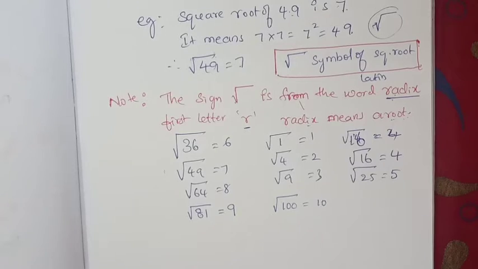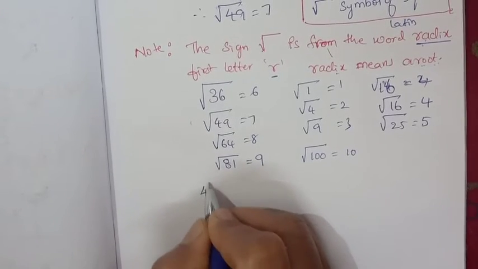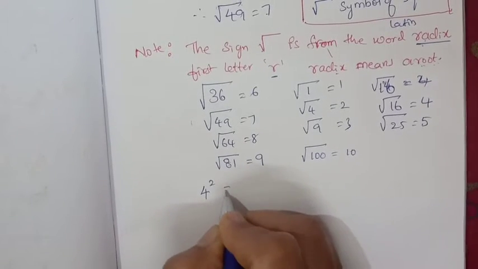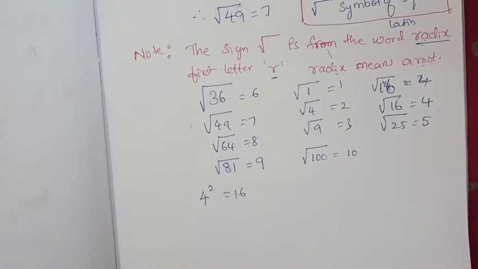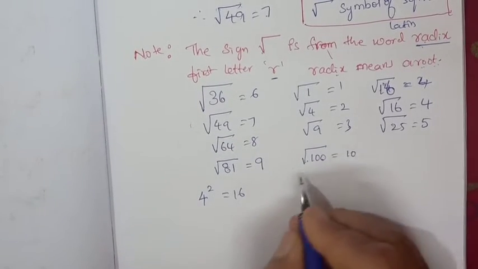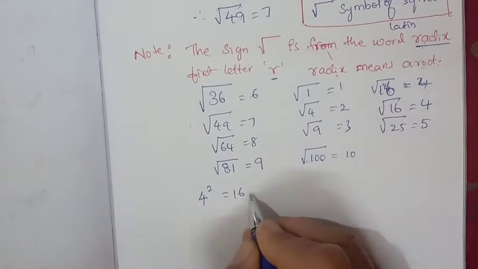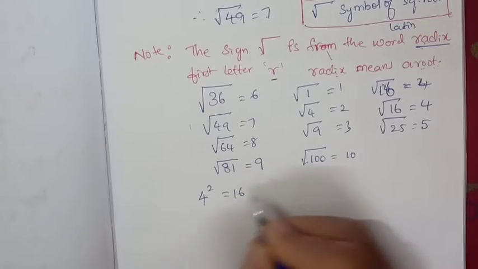Next, one more thing. 4 square is equal to 16. How can we read this?